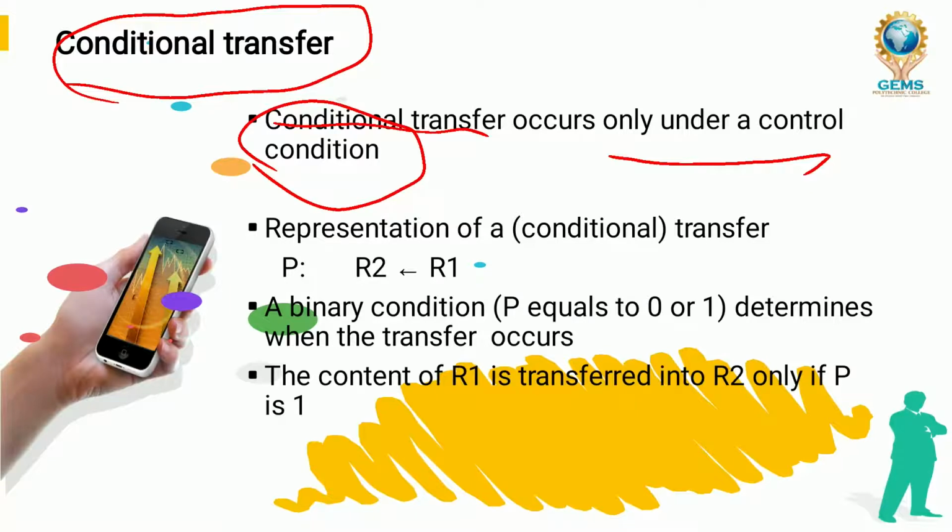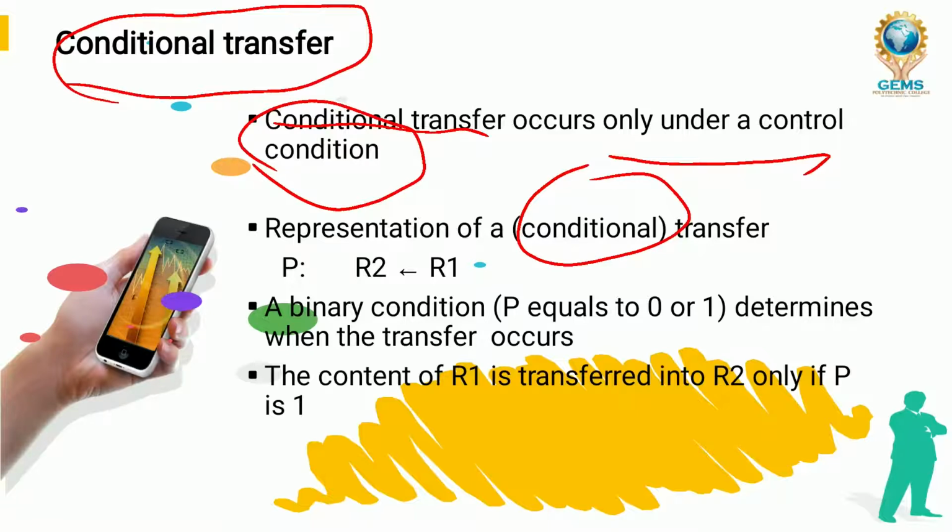Look here, representation of a conditional transfer. P colon R2 arrow R1, with the arrow mark towards R2. Now we are talking about the conditional transfer, which occurs only under a control condition.